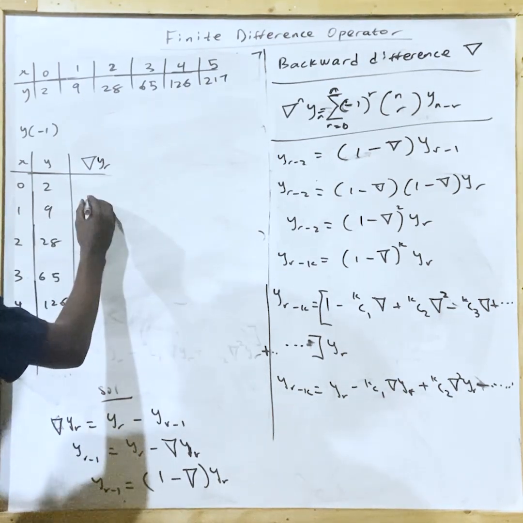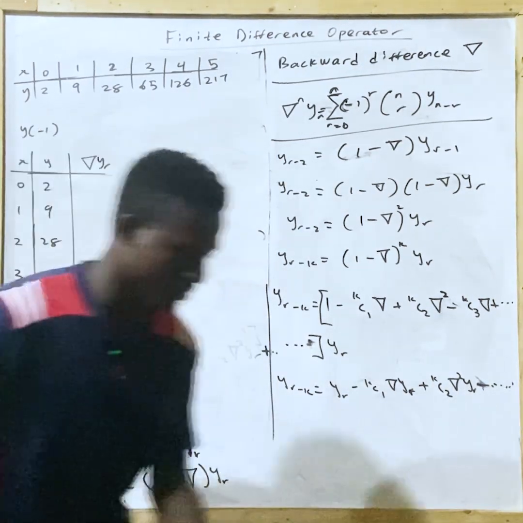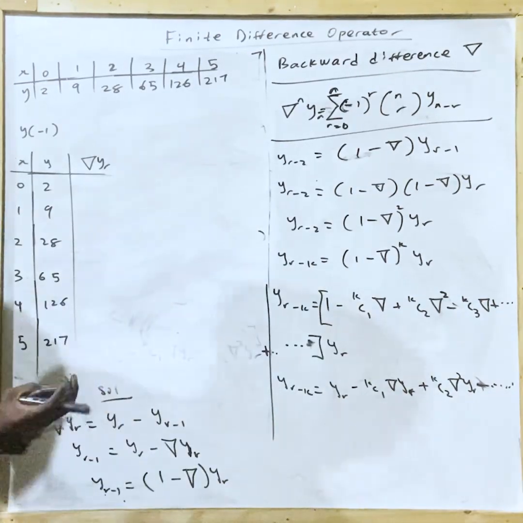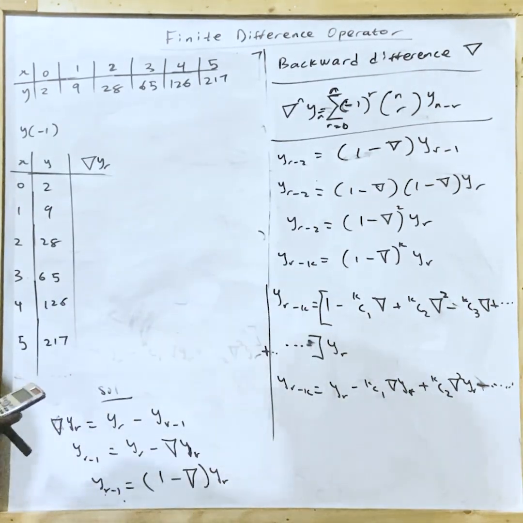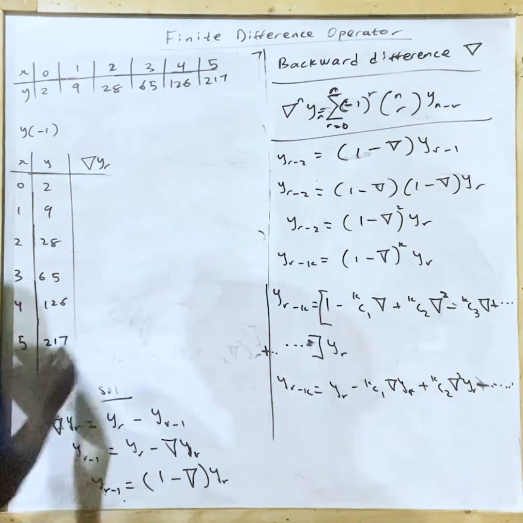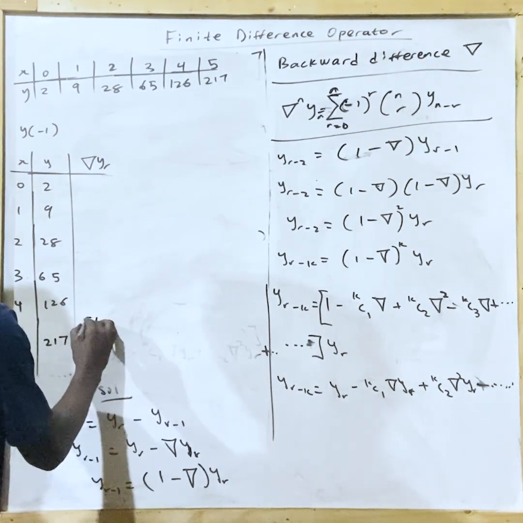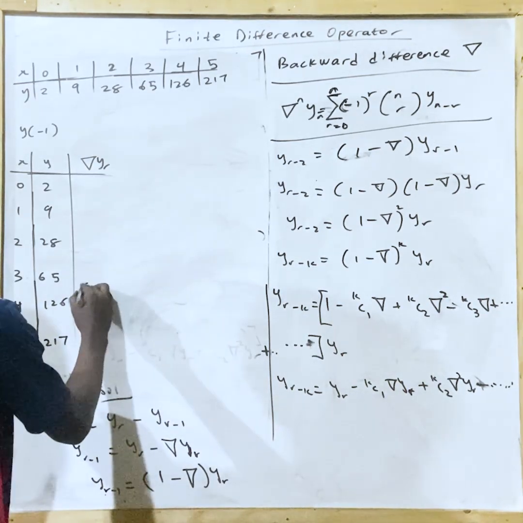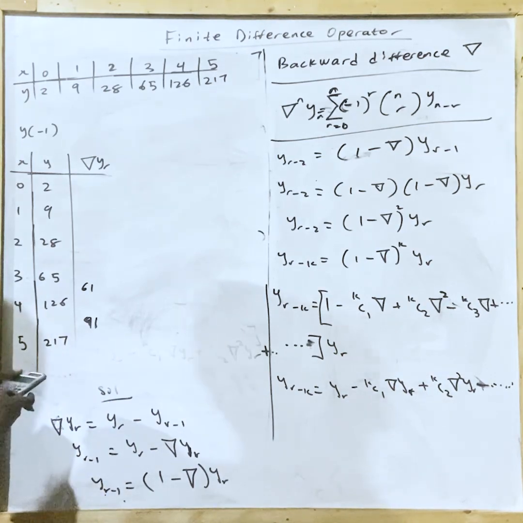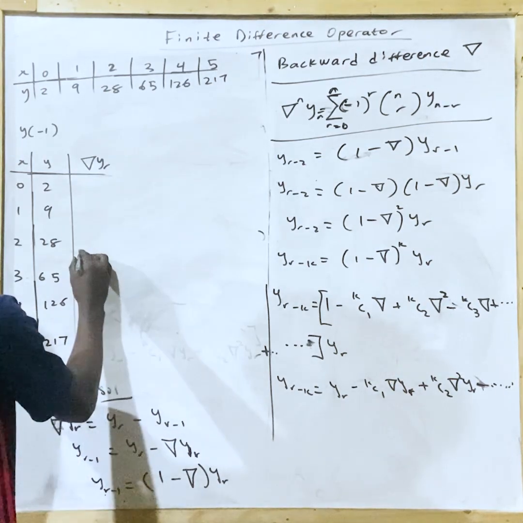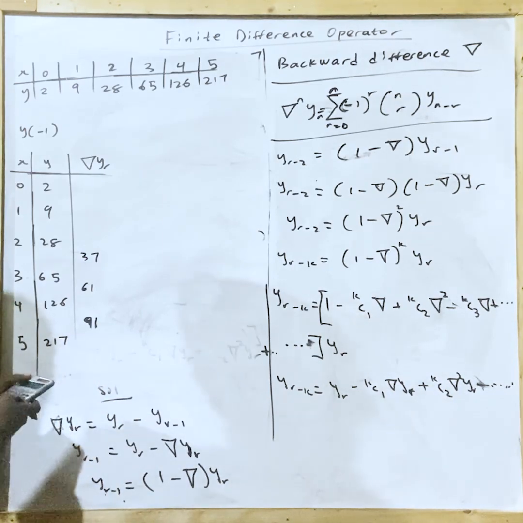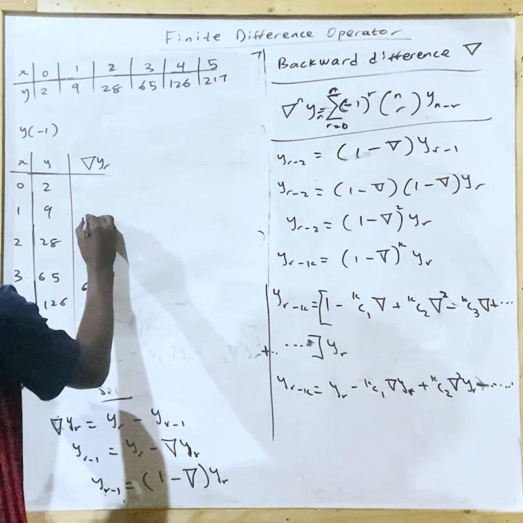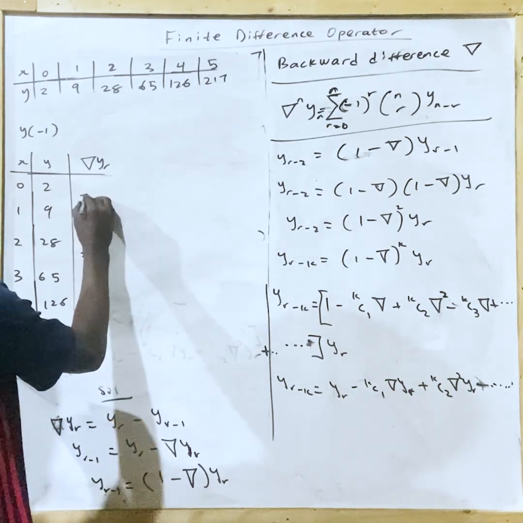Let's start from here: 217 minus 126, that's 91. 126 minus 65 is 61. 65 minus 28 is 37. 28 minus 9 is 19, and 9 minus 2 is 7.